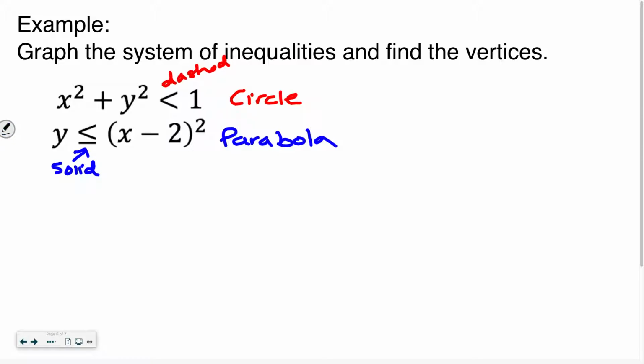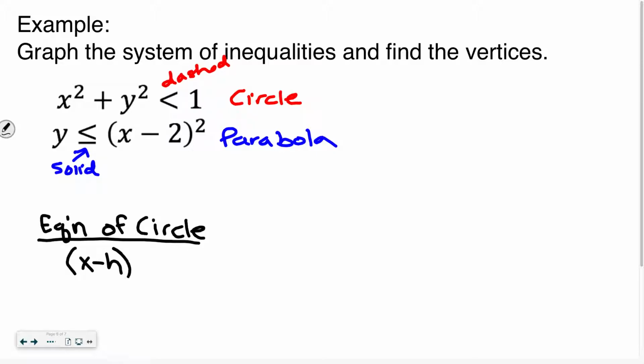So just really quickly for the circle, I know it has been a while since we've seen a circle. So this may be the equation for a circle that you saw in geometry. It looks like x minus h quantity squared plus y minus k quantity squared equals r squared.